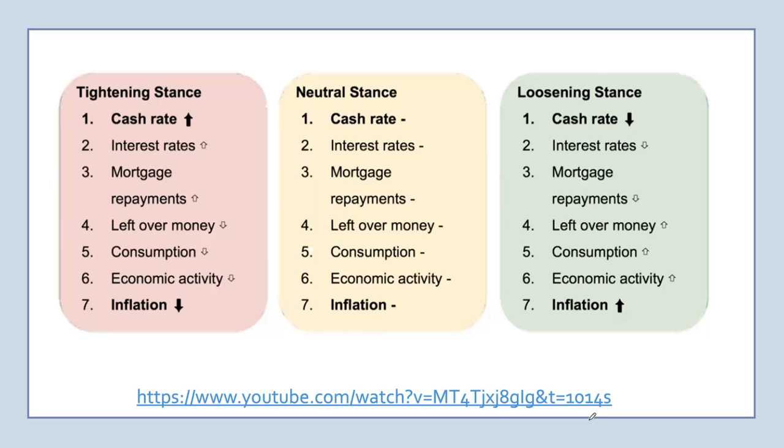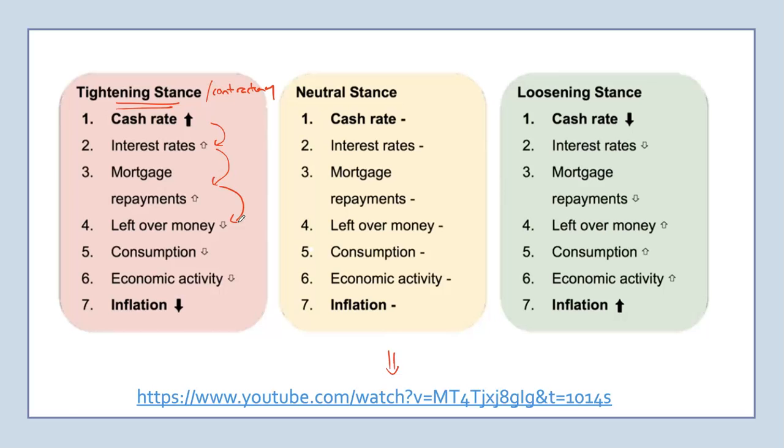So to summarize, if there is a tightening stance, and tightening means a different term, but we are going to be contractionary monetary policy, this is where the cash rate goes up, leading to interest rates going up, mortgage repayments going up, because if interest rates are high, you have to pay more on your mortgage.